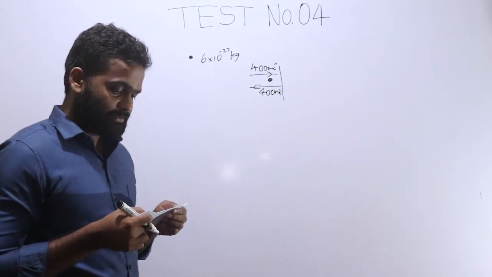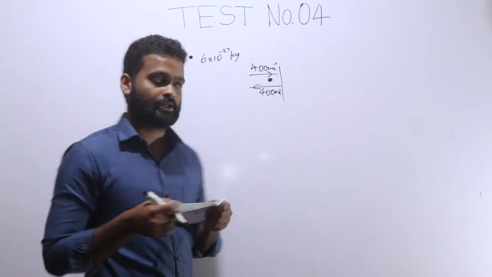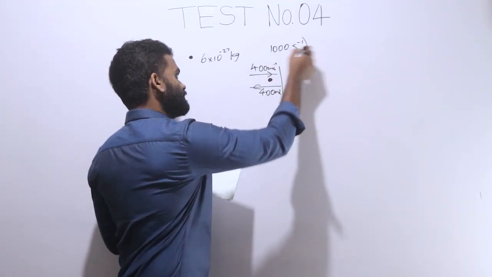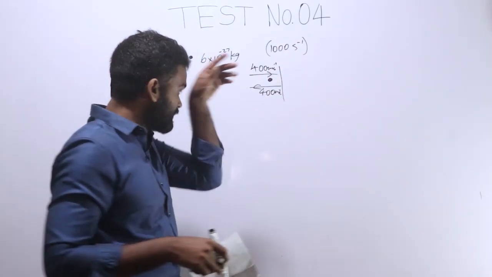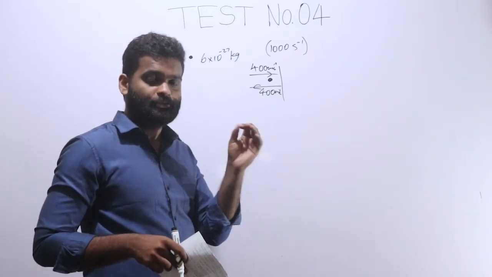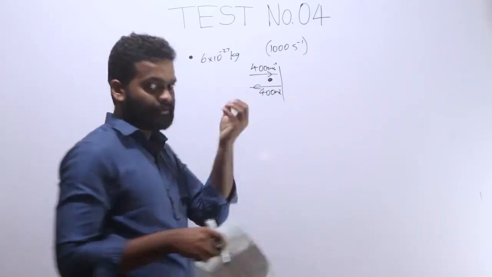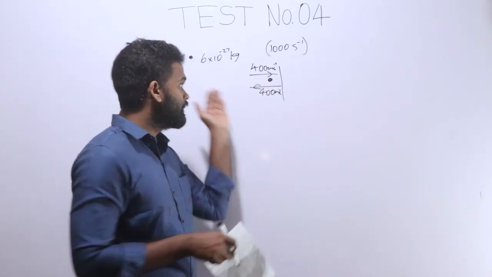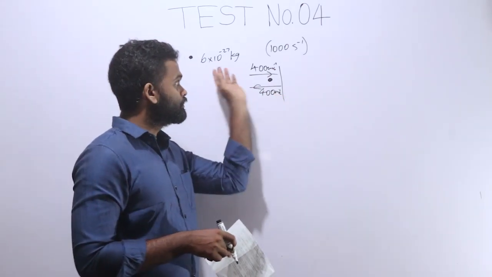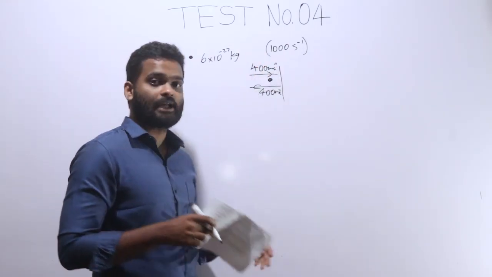The air molecule hits the wall 1000 times per second. So this air molecule can hit the wall 1000 times per second, meaning that these have very large velocities, and the space is small, so it can hit 1000 times per second.